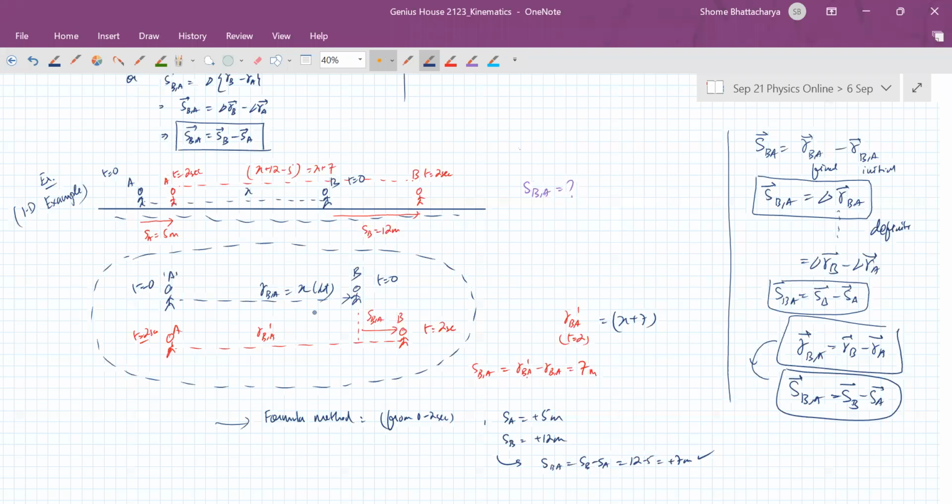Similarly, as far as B is concerned, the displacement of A would be minus 7, because B would initially see the position of A at minus x, and now he's seeing A at minus of x plus 7. So it's on the negative side, and the position has increased by 7. So the displacement is minus 7.